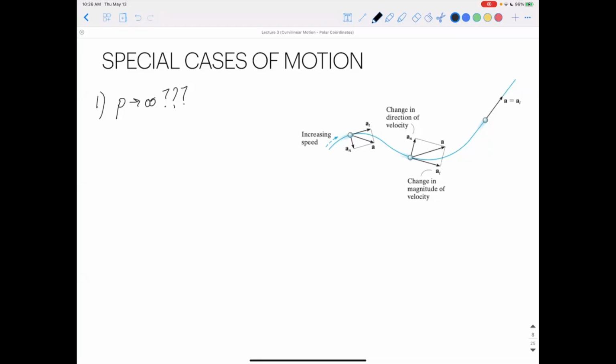Exactly. Our AN was equal to our speed squared divided by our radius of curvature. So if this denominator was infinite, then this would go to 0. We would only have tangential acceleration, and we would just have motion along a straight line.